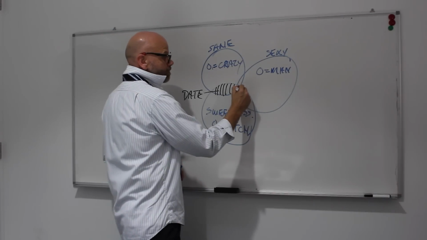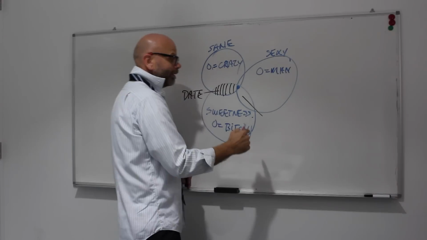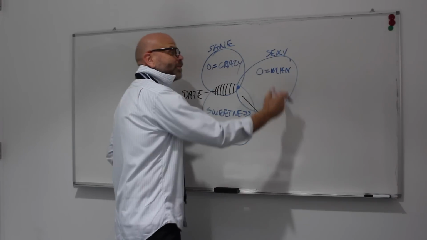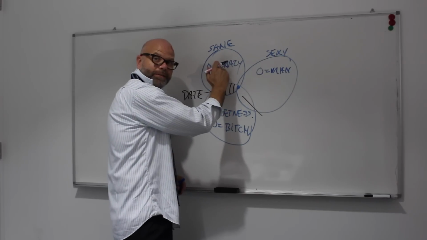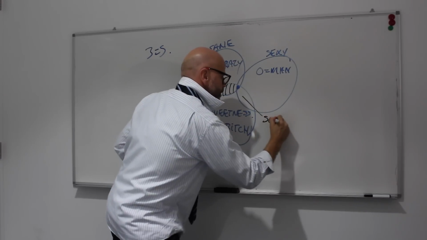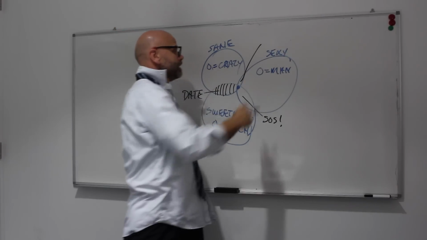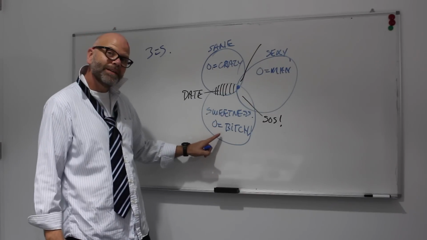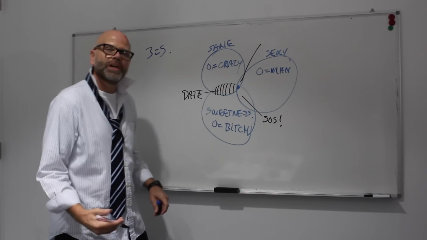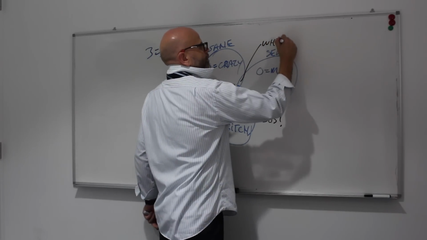This area right here, this definitely not a good area to be in. You do not want to date a woman who's really sexy and really sweet, but completely void of sanity. This area up here, sane and sexy, but no sweetness. Now, it's not generally understood, but some men like it.